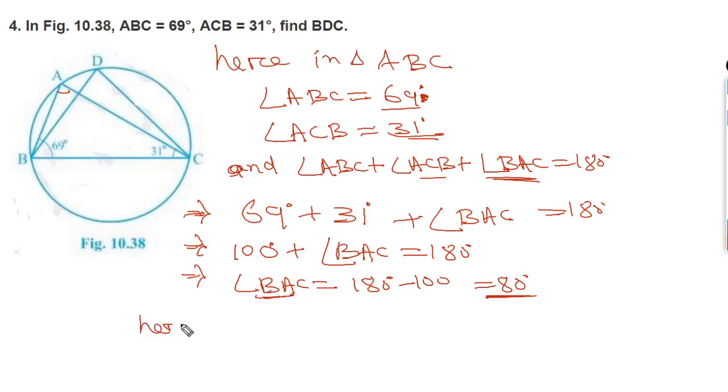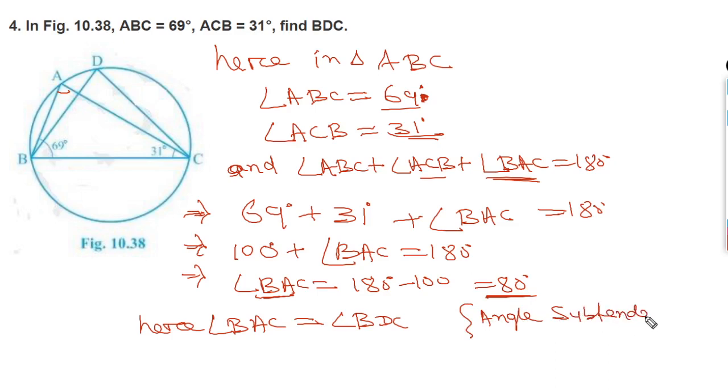Here angle BAC is equal to angle BDC. Give reason why. Angles subtended by the same arc are equal, implies angle BDC is equal to BAC.